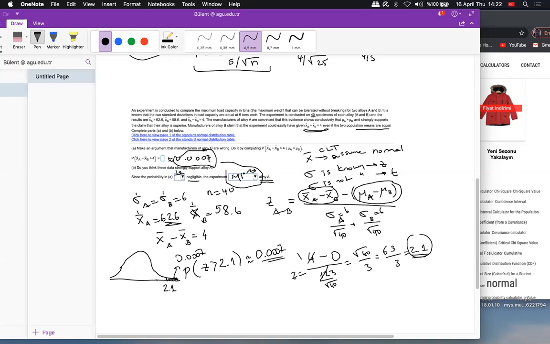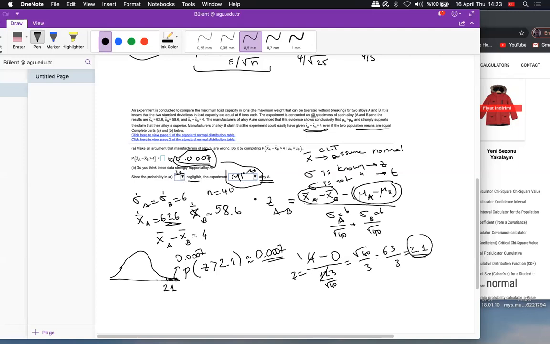Don't worry about it. So the probability of the difference between them being greater than 0 is highly supported. That's why it should be negligible, and the experiment supports alloy A.